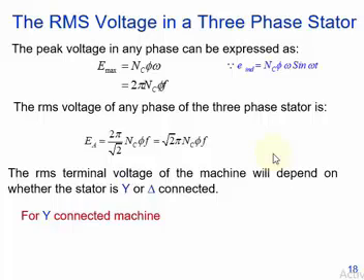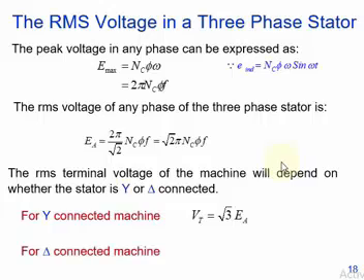For a Y connected machine, as we discussed Y and delta connections in the last lecture, V terminal would be equal to under root 3 E_A, which is the RMS voltage, but in a delta connected machine, V_T would be simply E_A.